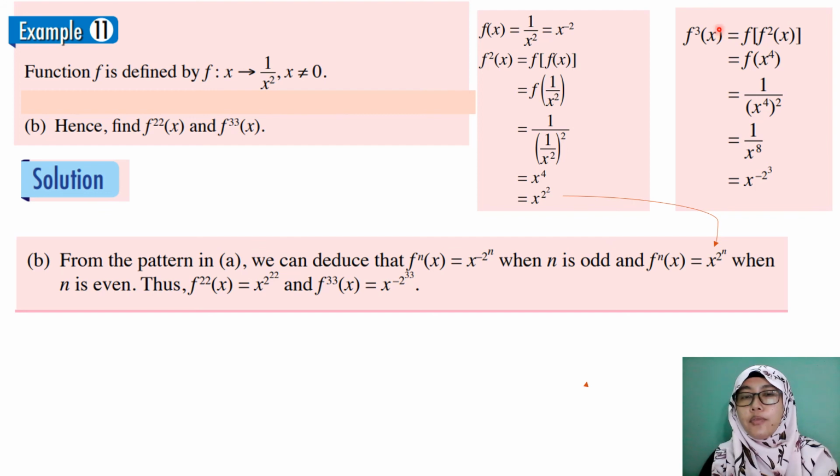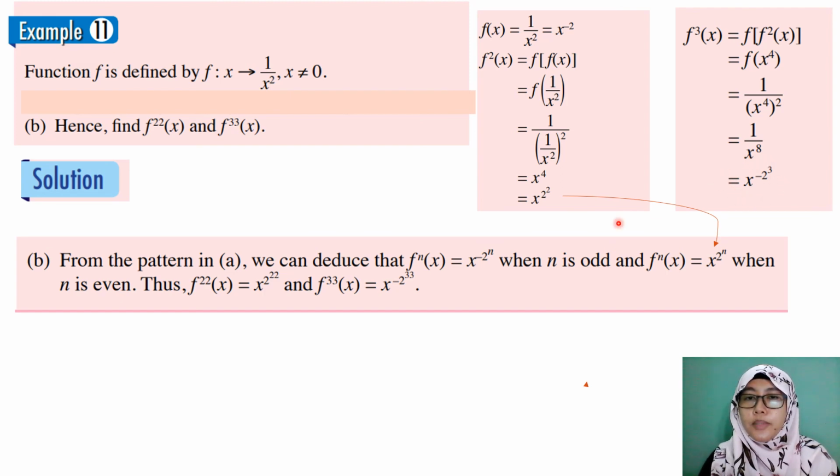But if the f to the power of 3x, if you simplify, you akan dapat 1 over x to the power of 8, and then in the simplest form, you akan dapat x to the power of negative 2 power of 3. Sebab dekat sini kan 1 over x power of 8, so kita tukar kepada negative 2 power of 3. So inilah bentuk yang termudah.